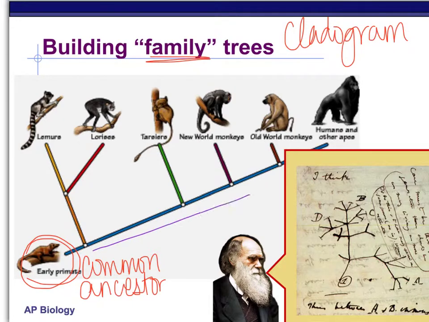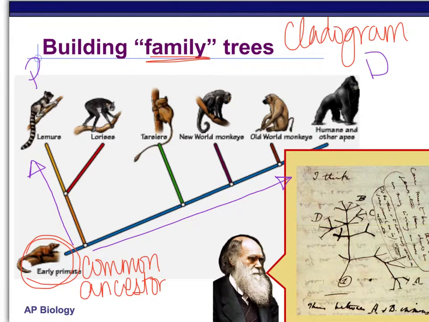We can go this way, and we can go that way. The closer you are to the common ancestor, the more primitive you tend to be. So primitive would be down here. The further away you are from that common ancestor, the more derived you tend to be. So derived would be up there.